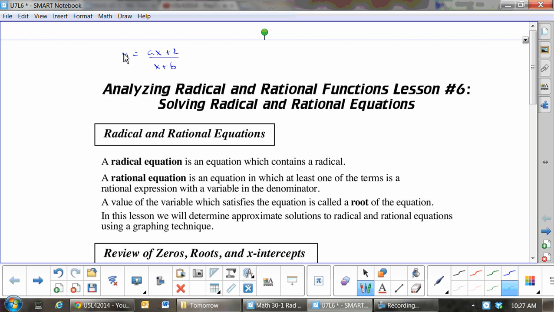If I gave you the horizontal asymptote of 2, do you see that a would have to be 2? Does that make sense? Because how do we find out asymptotes? If they're the same, we cross them out and whatever number is left. So then I would go, oh, okay, that's a.